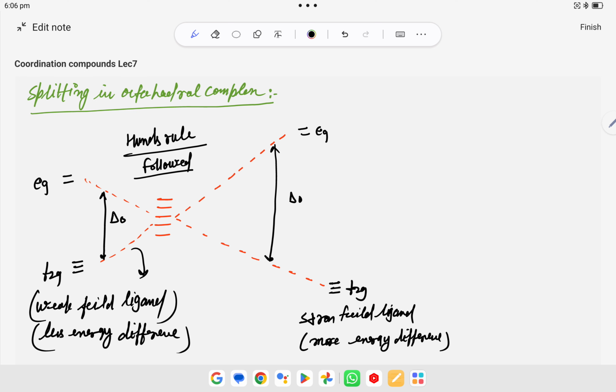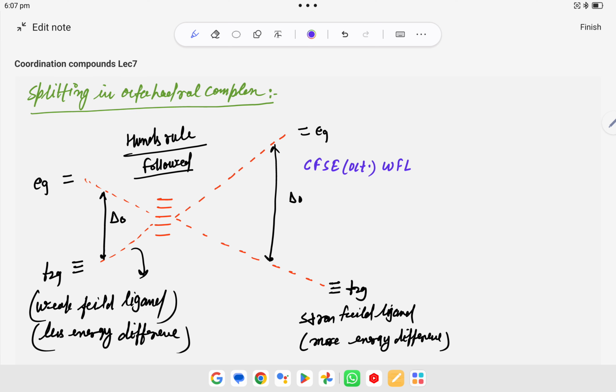Okay, so check it once. Crystal field splitting energy. Here I am writing CFSE, crystal field splitting energy, for what? Octahedral complex with WFL.